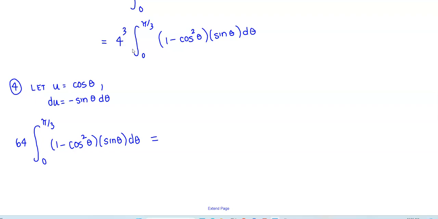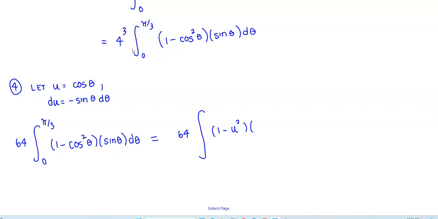And so now let's go ahead and evaluate. We still have 64 here. And we have 1 minus the cosine squared theta, which is now going to become 1 minus u squared. And we have sine theta d theta.